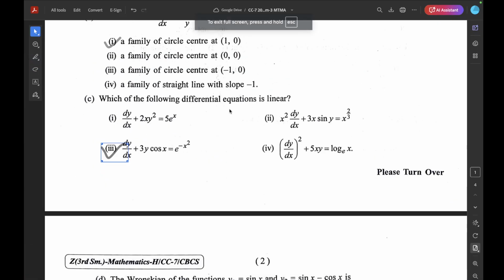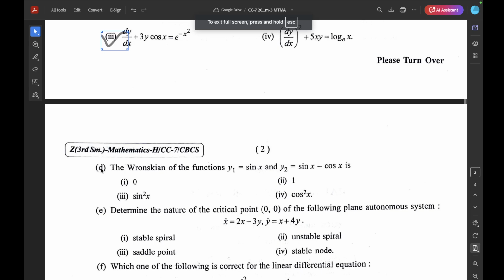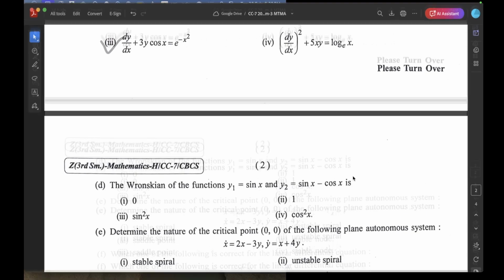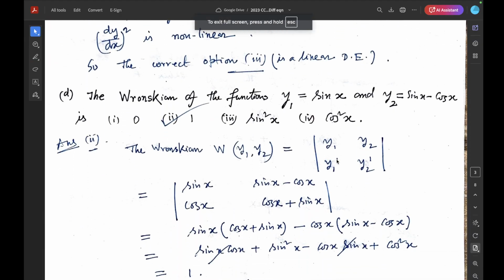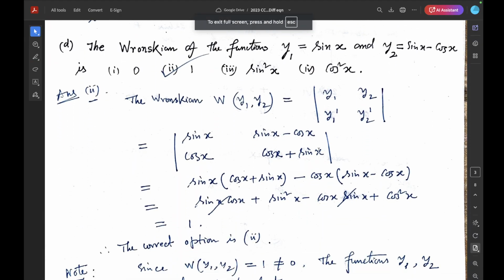Next question 1d. The Wronskian of the functions y1 = sin x and y2 = sin x - cos x is... We know the Wronskian W of two functions y1 and y2 is the determinant of y1, y2, y1', y2', with derivatives taken with respect to x.